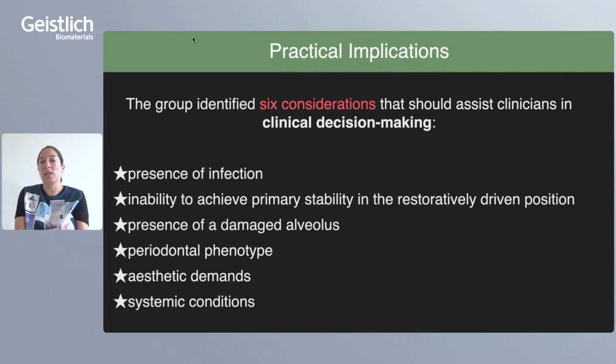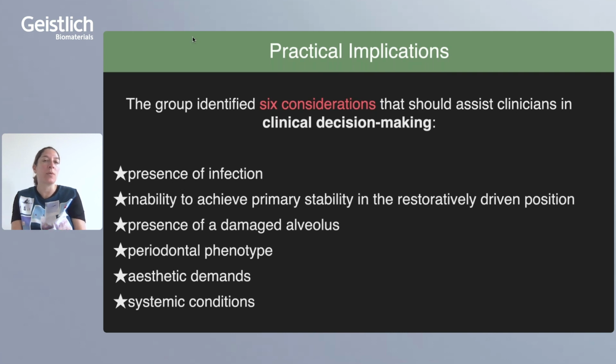Then we have to make sure that we do an atraumatic tooth extraction. We have to check whether there is a presence of a damaged alveolus. This is quite important also when taking decisions on how to treat sites. Then we have to have a look at the periodontal phenotype. You have seen in this COSIN study, they had only included thick phenotype patients when placing immediate implants in aesthetic sites, and still they did experience midfacial recessions.